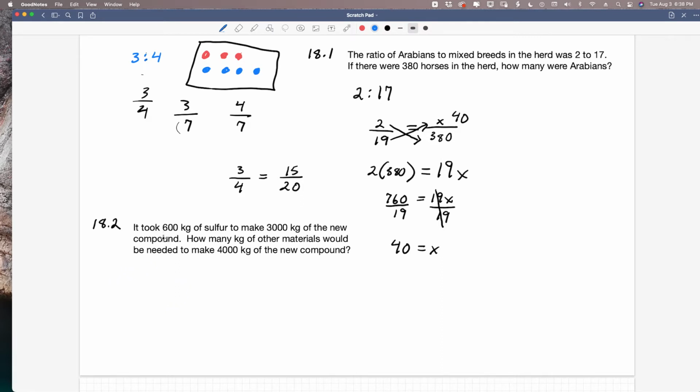So let's look at our components. We know we have 600 kilograms of sulfur, right? And we have 3,000 kilograms of the new compound. We'll just call it NC.